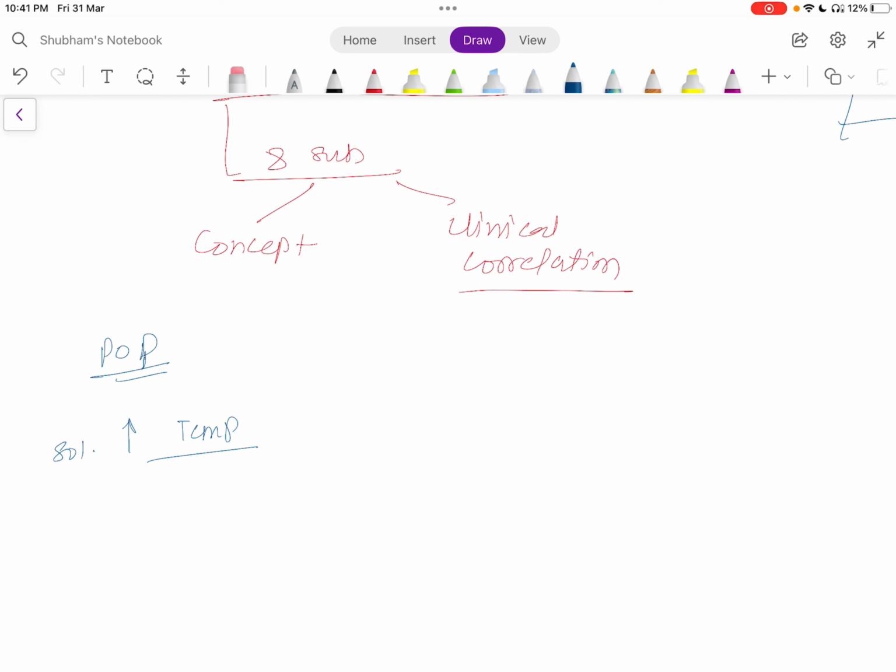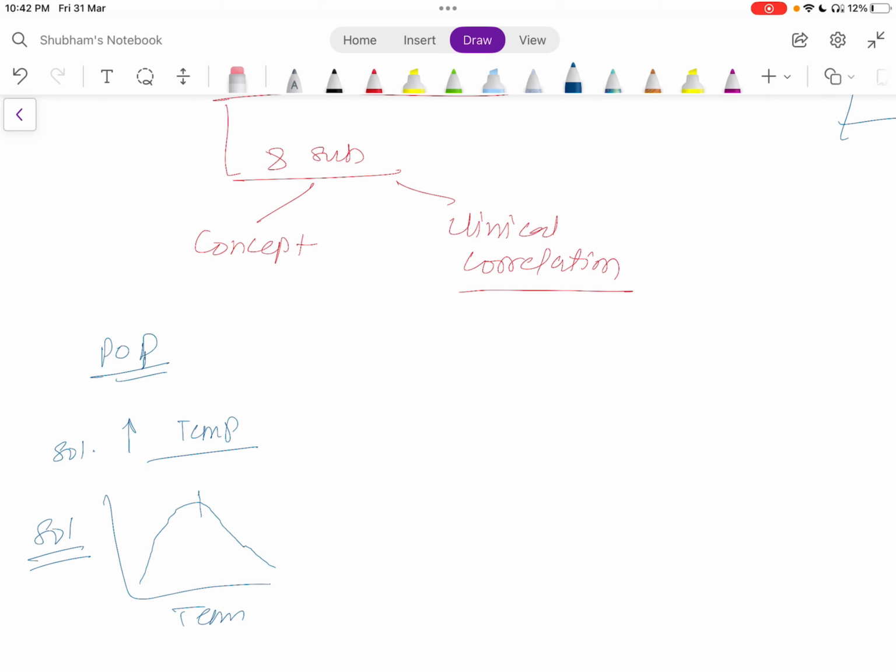But after a certain point, if we draw a graph with solubility on this side and temperature on this side, its solubility increases with temperature, and after a certain temperature it starts decreasing, and at a certain temperature becomes zero.